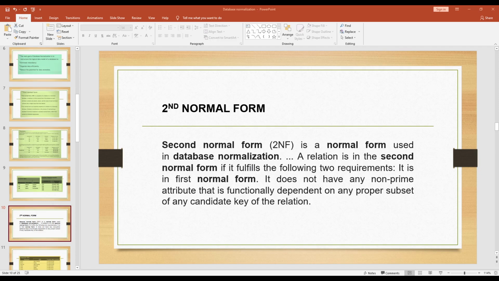A non-prime attribute of a table is an attribute that is not part of any candidate key of the table. Put simply, a table is in second normal form if and only if it is in first normal form and every non-prime attribute of the table is dependent on the whole of a candidate key.